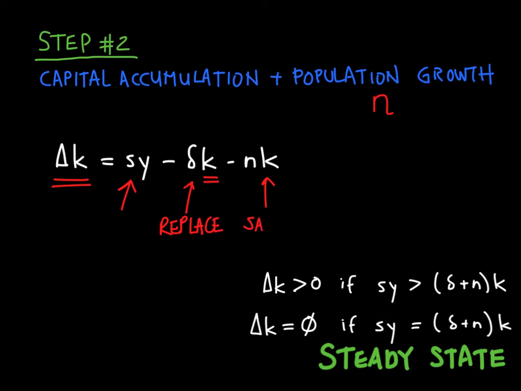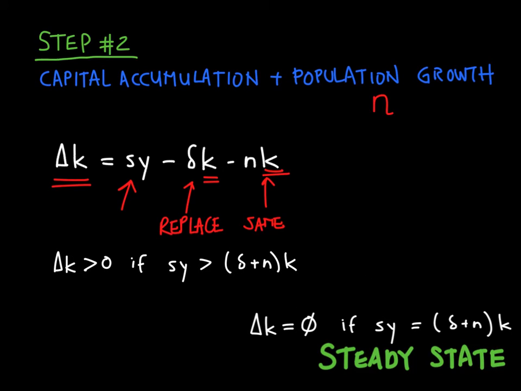So we have to give them all the same amount of capital per worker. And again, if there's anything left over, then we have an increase in capital per worker. So this is what this one says. So we'll have an increase in the capital labor ratio if and only if we are saving more than what we need to replace due to depreciation and adding new workers.